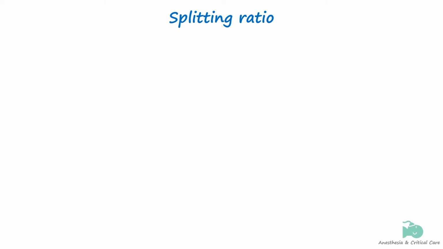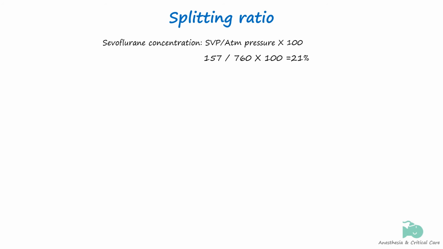The concept of splitting ratio can be viewed through mathematical expression too. Let's calculate the splitting ratio for sevoflurane to be delivered at a concentration of 2% again. At full saturation, sevoflurane contributes about 157 mm of mercury to the total pressure of a gas mixture. So the concentration of sevoflurane in the gas mixture is 21%, where 760 mm of mercury is the total atmospheric pressure.